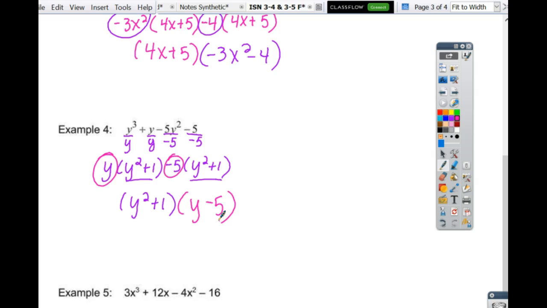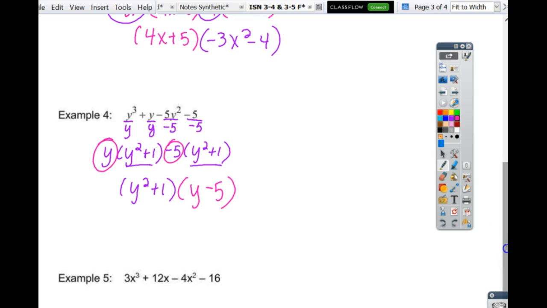Okay. Any questions? Do you have the next one on yours? Okay, one more. Yeah. Where? Here? Yeah. If you don't put the plus 1, it's going to be wrong. Because what's 5 divided by 5? 1. It was y divided by y. 1.